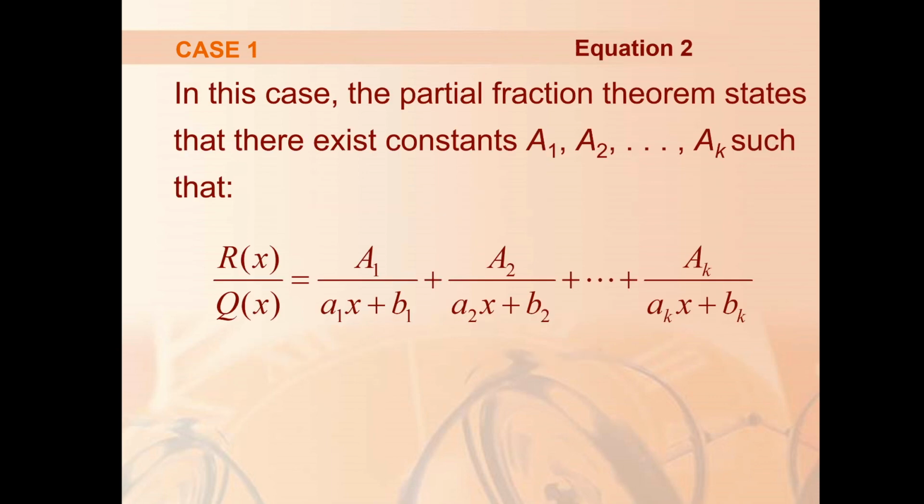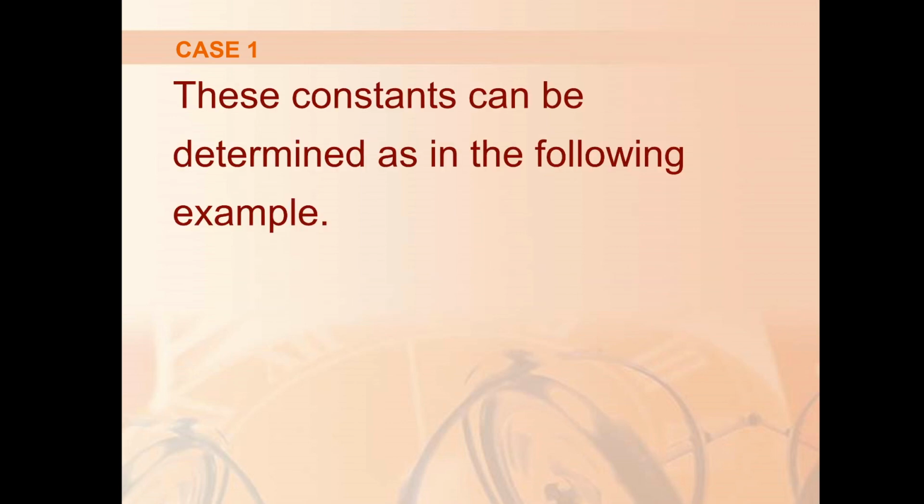Once we separate the terms out, we can put it as capital A sub 1 over little a sub 1 x plus b sub 1, plus capital A sub 2 over a sub 2 x plus b sub 2, and so on and so forth. Again, this is for distinct linear factors.